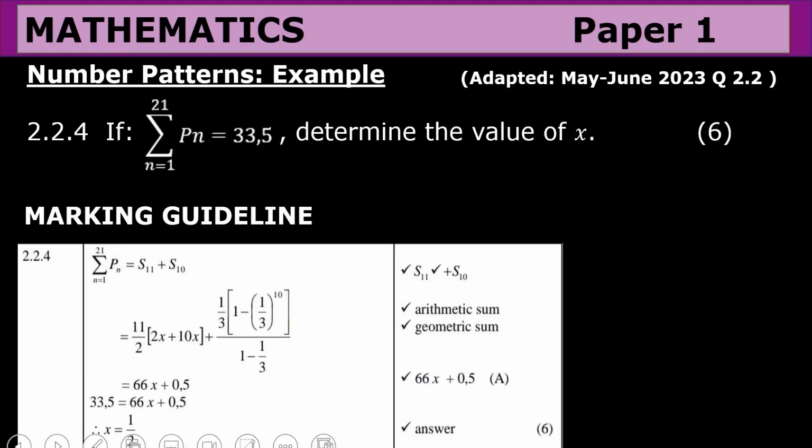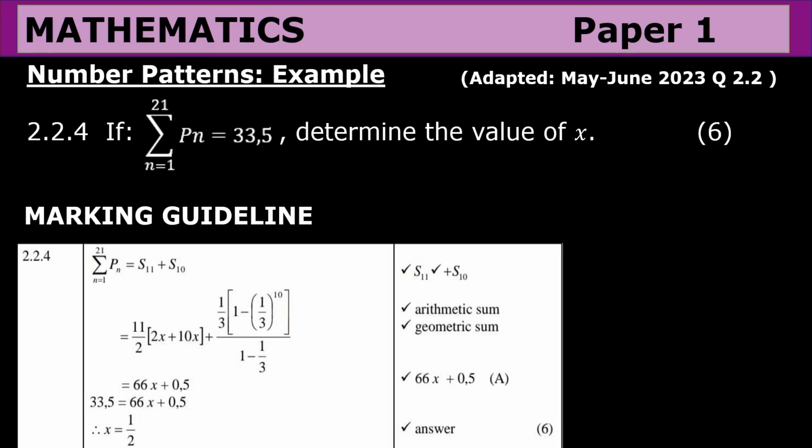The next question there, it says, if sigma notation, and we have 21 at the top, and at the bottom we have n is equal to 1, of Pn is equal to 33,5. Now determine the value of x. Now we are still working within that combination sequence because we are working with P. Now we are working with the sum of.